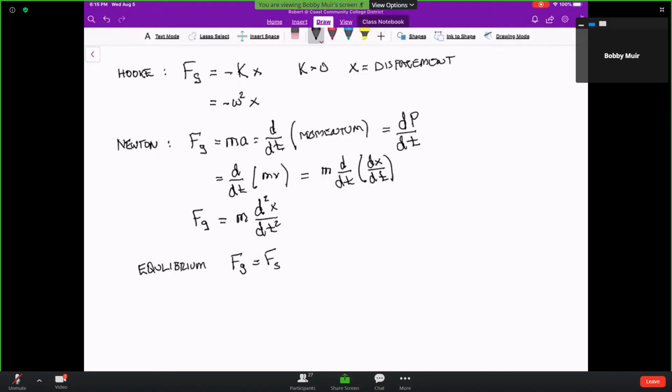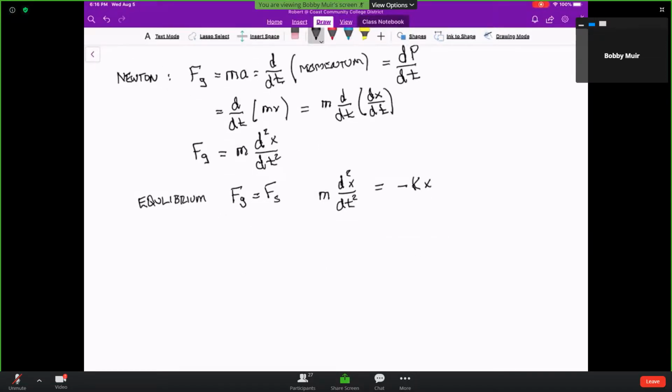You can go nuts with what's going to be positive and what's going to be negative. If you set these two equal to each other, we get that mass times d squared x/dt squared has to equal negative kx.